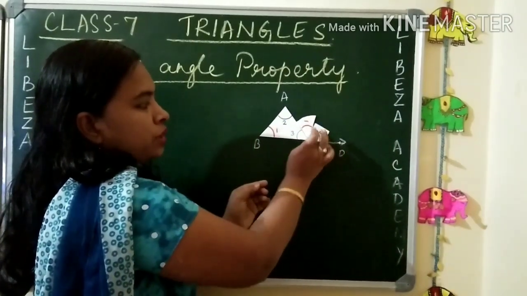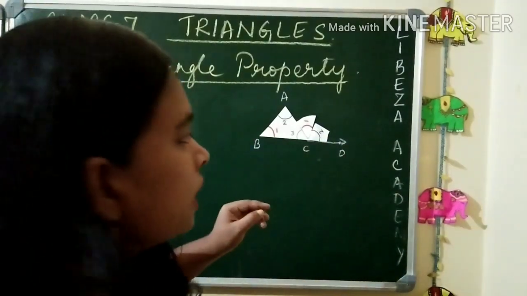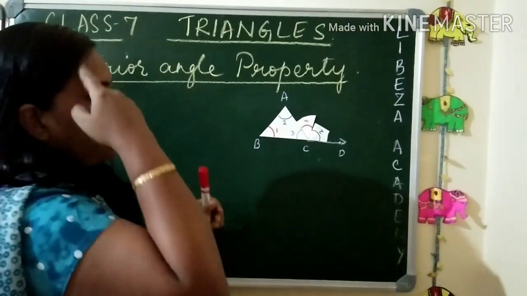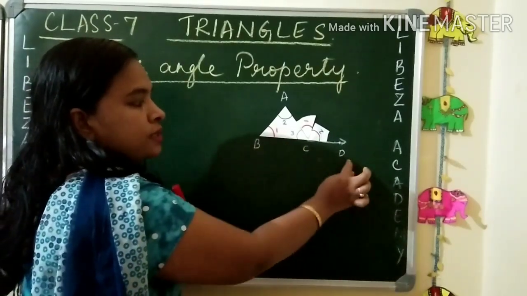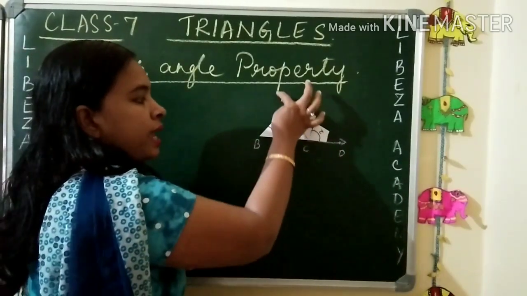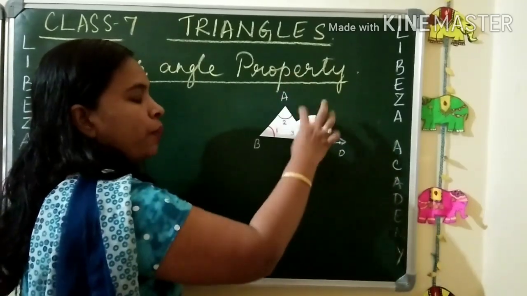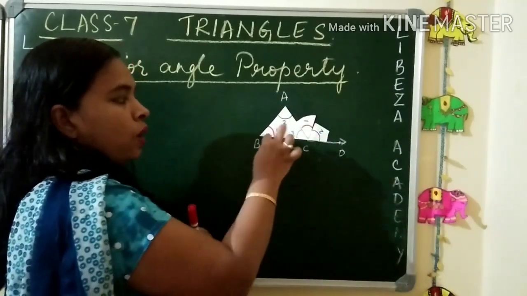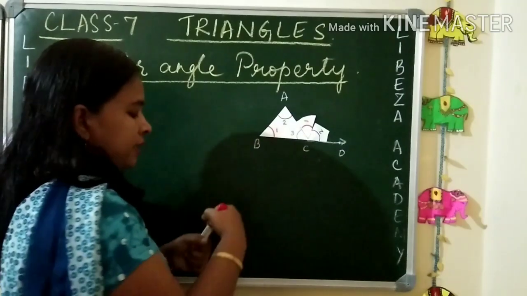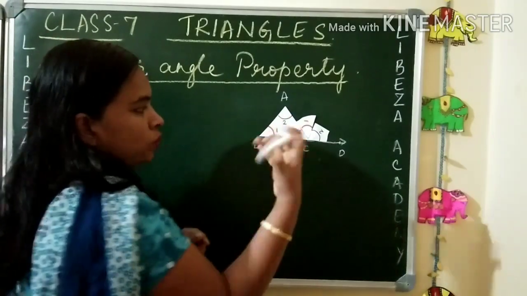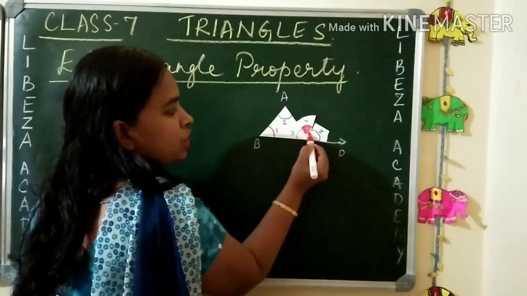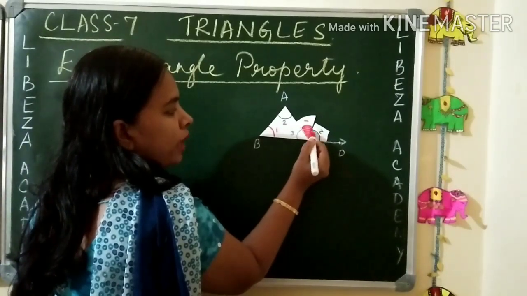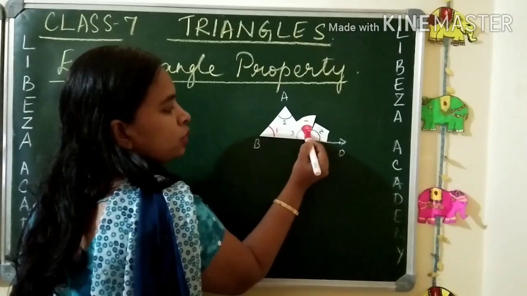Now you can observe that when you place angle 1 and angle 2, it forms a straight line and occupies the angle ACD. ACD is a combination of angle 1 and angle 2.